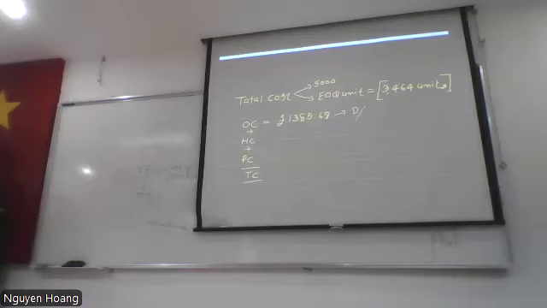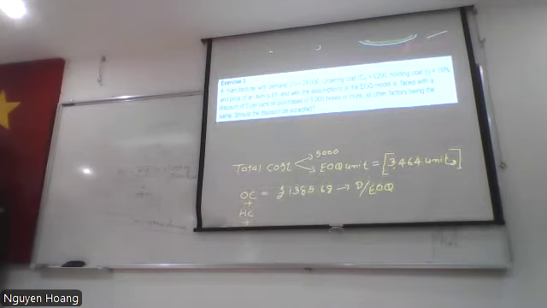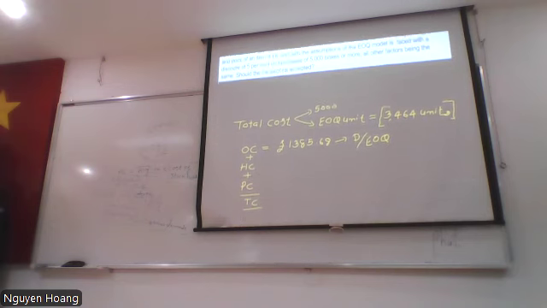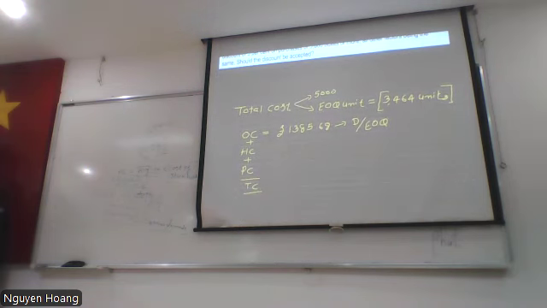Demand divided by, how much is demand? 24,000. And how much is EOQ? 3464.